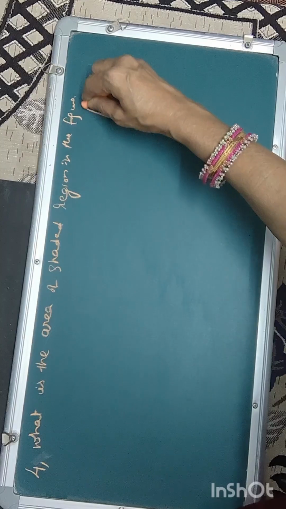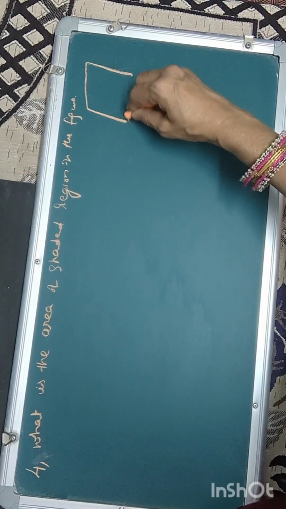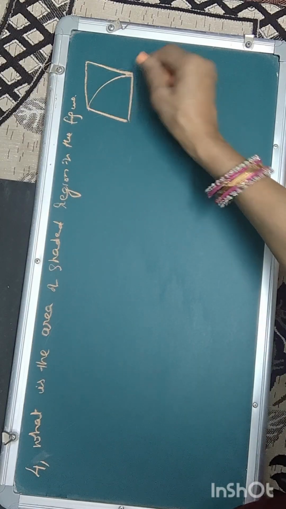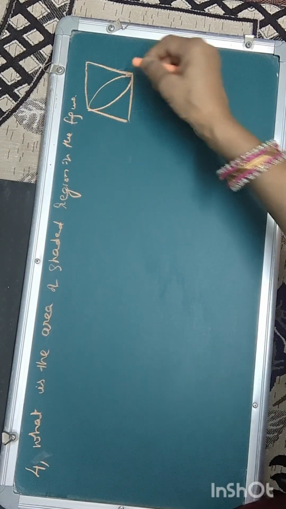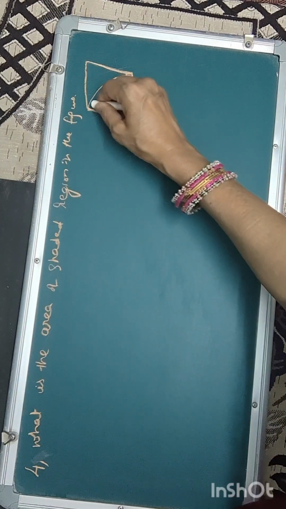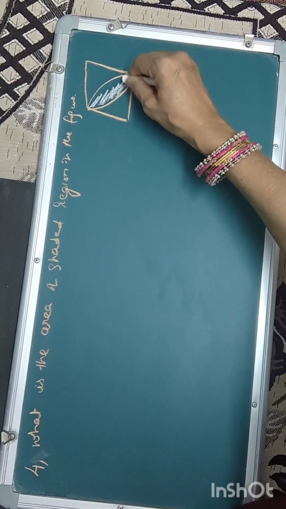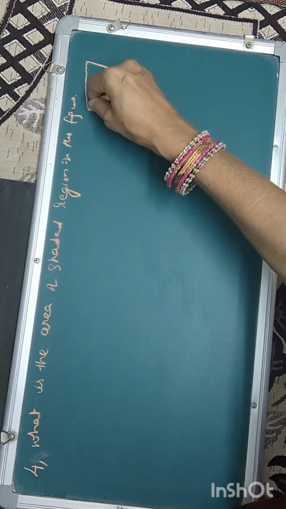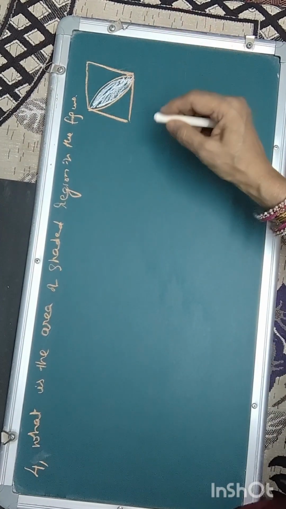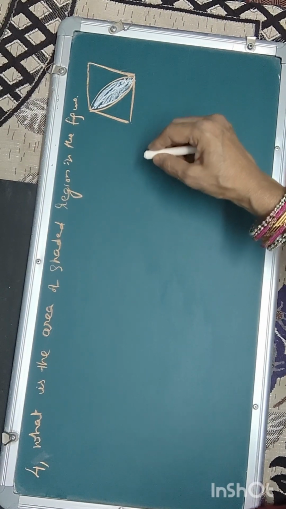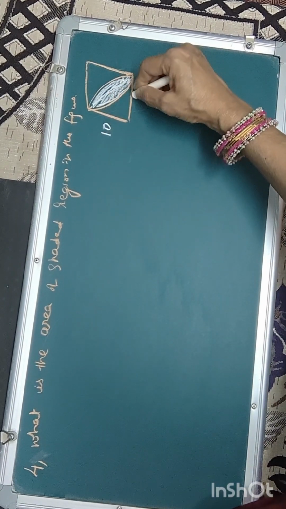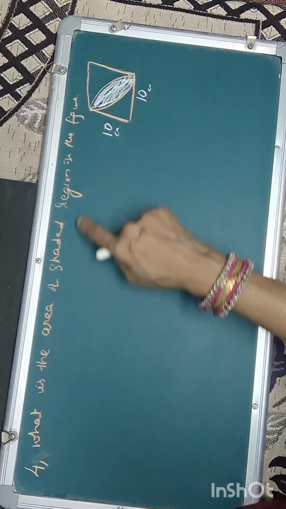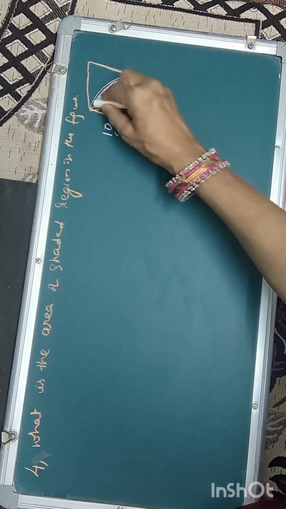So this figure is, what is the area of the shaded region in the figure? We have to find out this area.